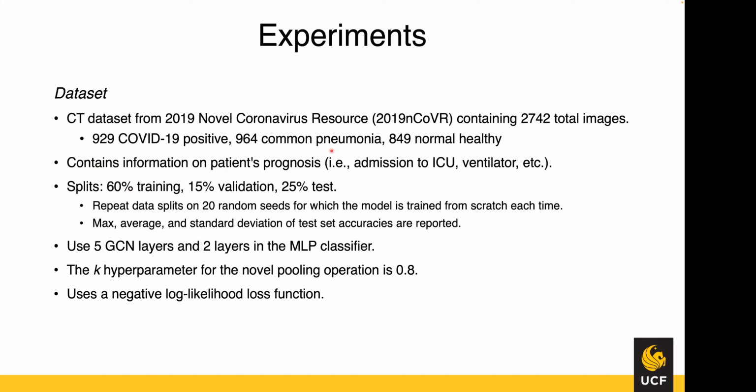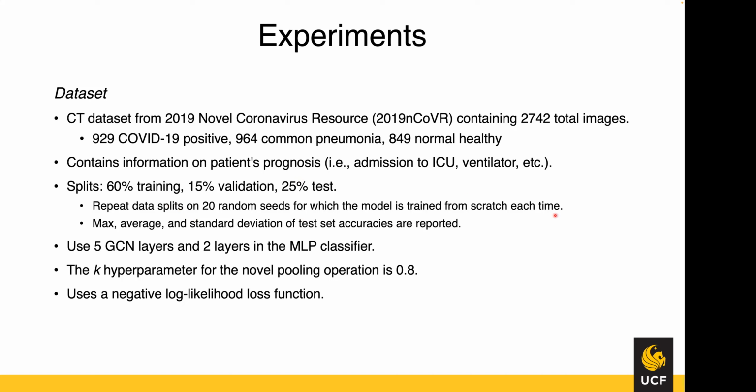There are notes with each image, saying if they were admitted to the intensive care unit or they did eventually end up requiring a ventilator and things like that. So the split of the data set is 60% training, 15% validation, 25% test.